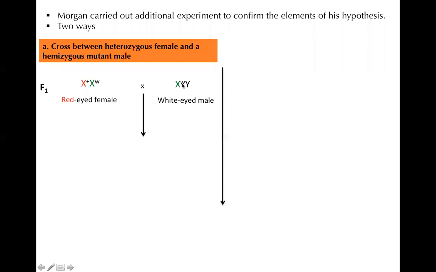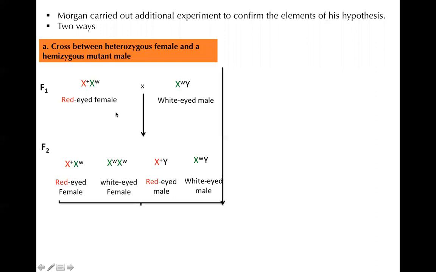That means including human beings or any animals which carry XY chromosomes, we have a hemizygous situation. That means males carry only one allele for a particular trait, whereas females carry two alleles for the particular trait. So these are the hemizygous males, hemizygous for white eye.